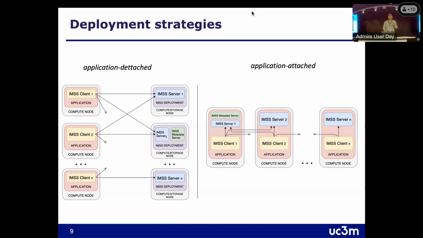We want to do that because, as you have seen in the latest computers, the ratio between computing and the network is getting worse every day. We have a lot of very powerful computing nodes, but the network connections are not scaling much.